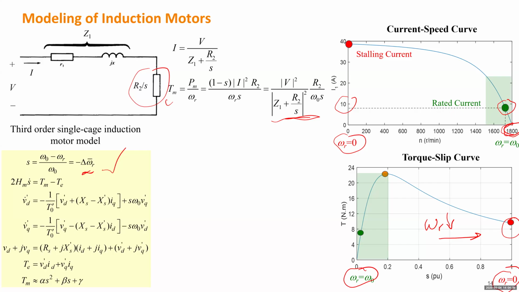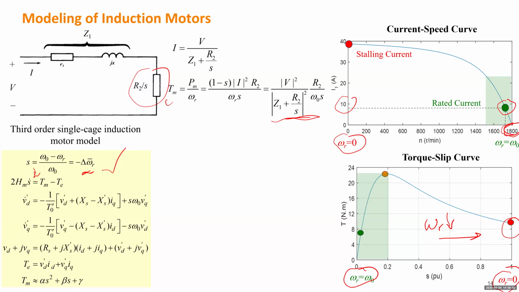But for the induction motor, usually omega r is less than omega 0. So S is just a negative speed deviation if we use the convention for the generator. And the second equation is basically just the swing equation, because if you replace S by negative delta omega r, it becomes a swing equation.